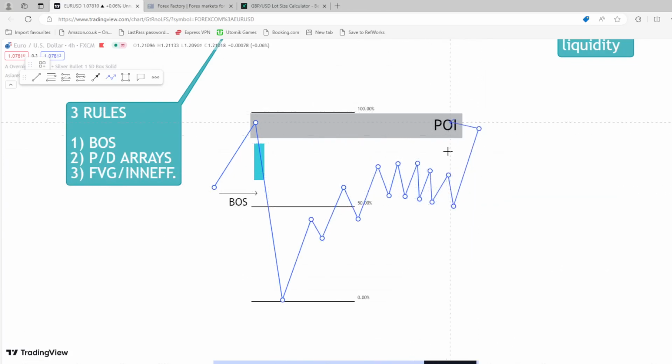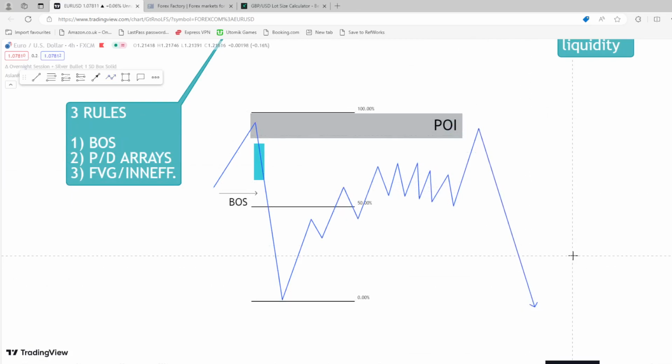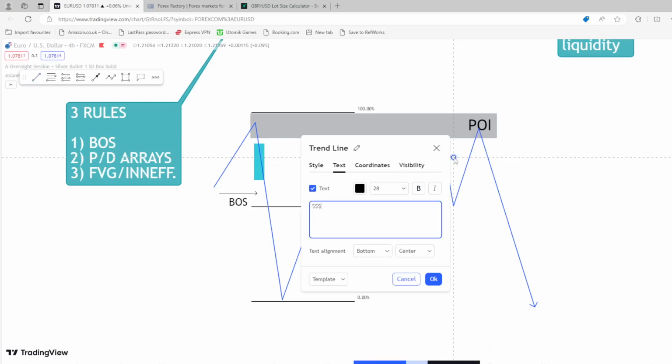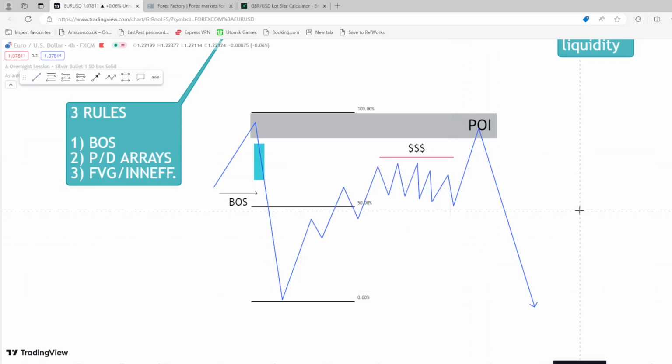Before tapping into the POI and continuing lower, right? So what we see over here is our three rules being met with a break of structure, a premium in this case, and a fair value gap or an inefficiency. And we see inducement, liquidity being dropped near the POI, which represents an area of inducement, and that's what we're looking for, just above the POI in this case.